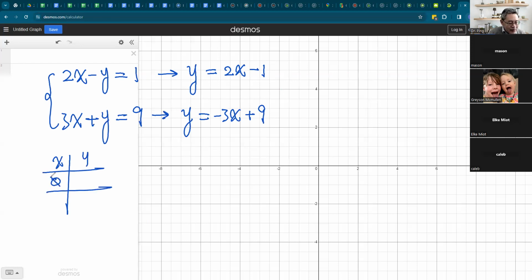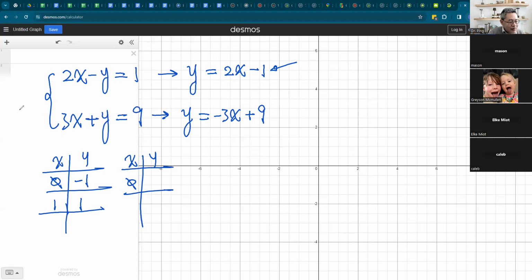We put, if x is 0, then 0 minus 1 is -1. Then if x is 1, then we got 2 times 1, 2. 2 minus 1 is 1. We got this. And then we got another one. If x is 0, then y is 9. Well, I can see that it's kind of outside what I can see.